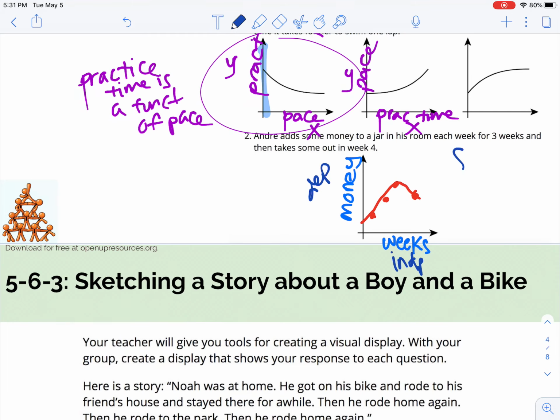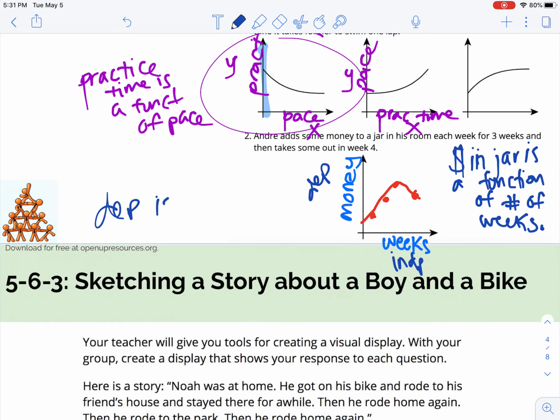So we'd say money in the jar, it doesn't really matter if you say that, is a function of number of weeks. So you can just use that rule always. Dependent is a function of independent.